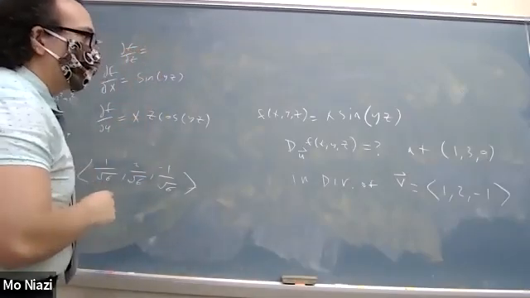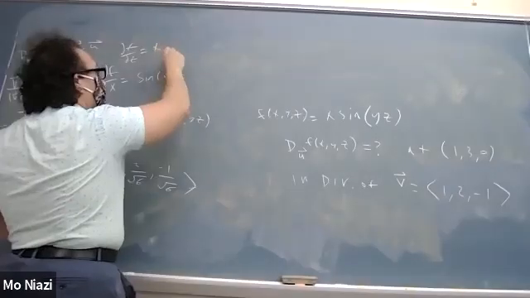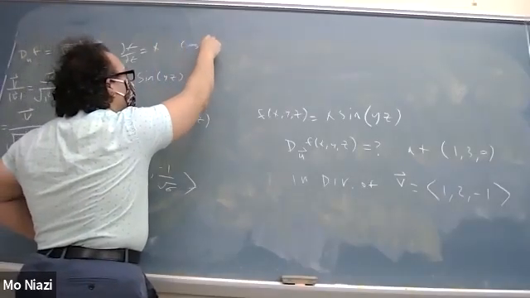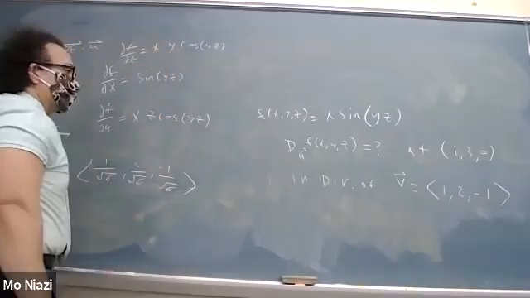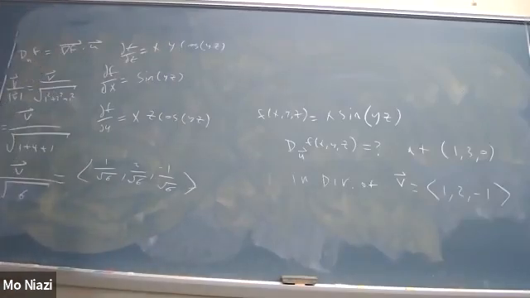Partial z, I get this is... derivative of sine is cosine. Partial z of yz is y. Okay.